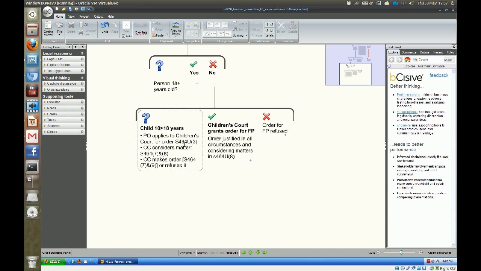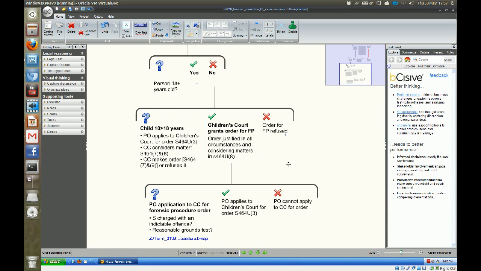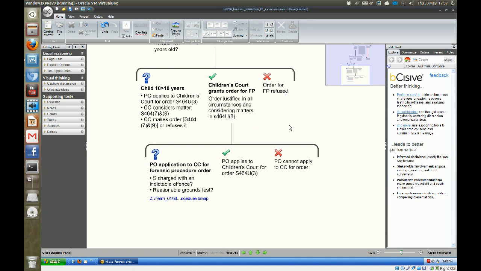They have to apply to the Children's Court, and the Children's Court will consider the matter and refer to 464 subsections 7 and 8 for consideration, and then the Children's Court has the power either to make the order or refuse it. So let's say the Children's Court goes ahead and hears the application.